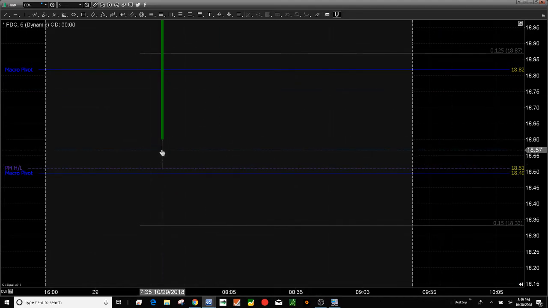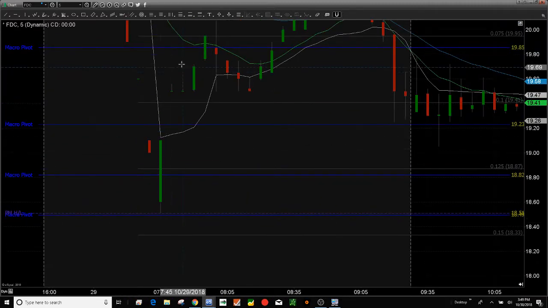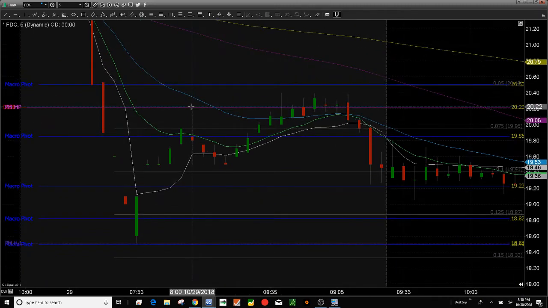So don't tell me these price actions don't matter. These levels matter because they hit down, they find support, and they come back up. Okay, and then it comes back all the way up, and then it slams into the daily 200 and reverses back down. So this is our pre-market macro pivot during the pre-market chart.